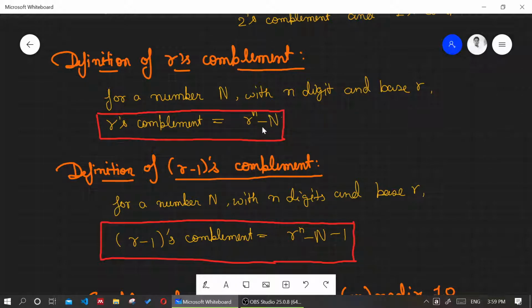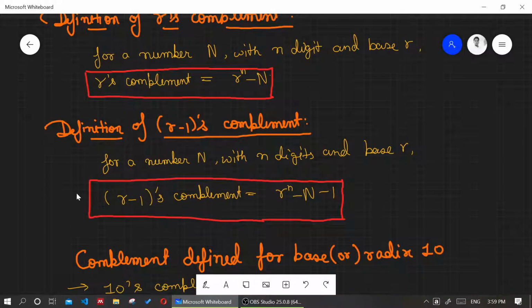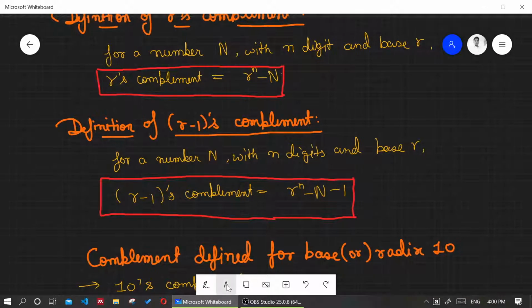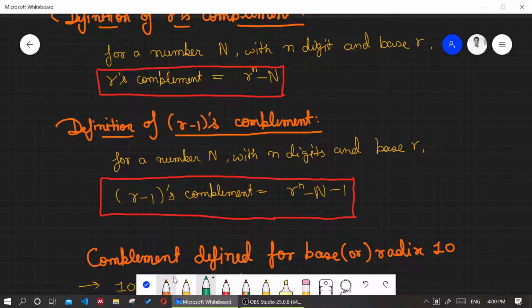Similarly, we have a definition of the r minus 1's complement. It can be obtained by subtracting 1 from the r's complement, so this formula can also be written as r raised to the power n, minus 1, then minus N.